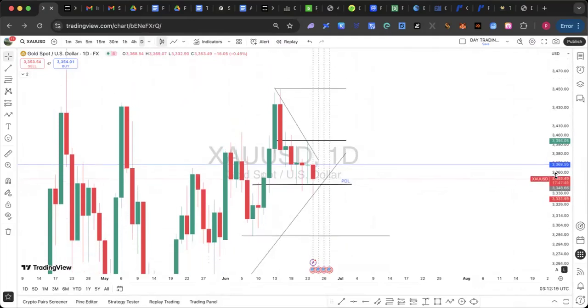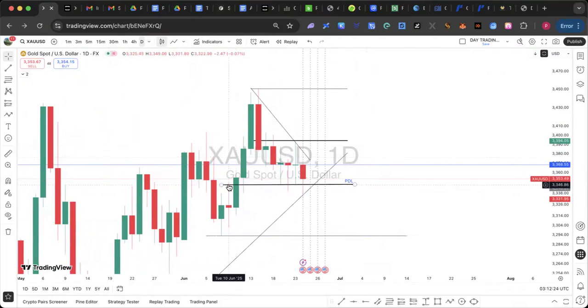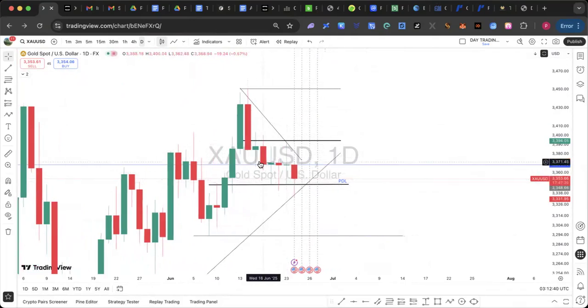So now let's go. What I do first of all is to identify the previous day high and the previous day low. If that's the case, it's taken care of. So this is what I did. Look at yesterday's candle. So yesterday's candle, the previous day low, and the previous day high.